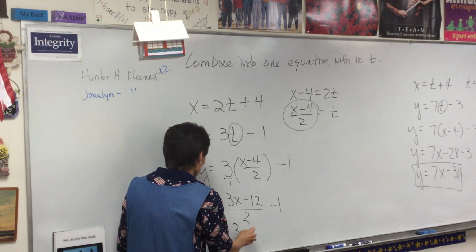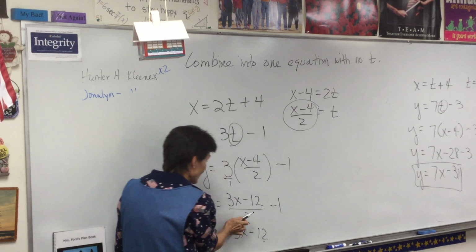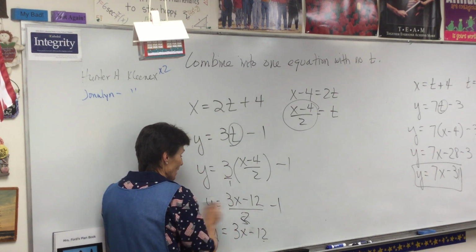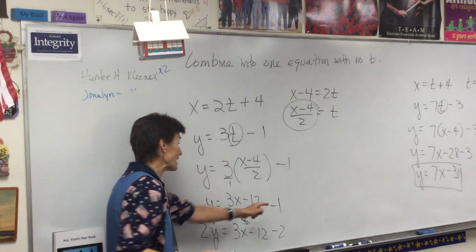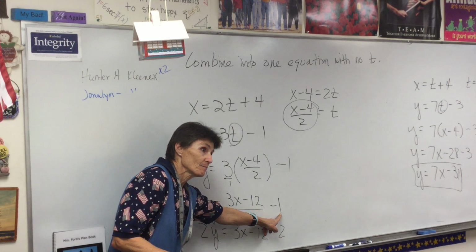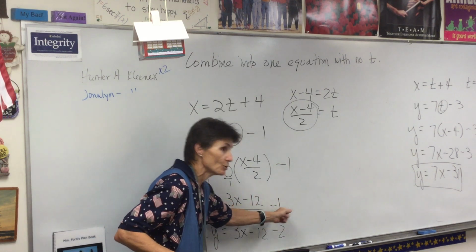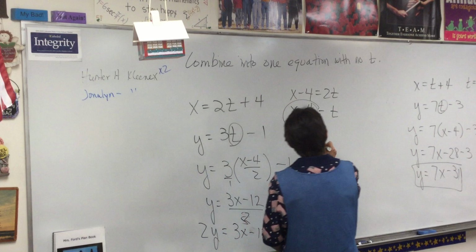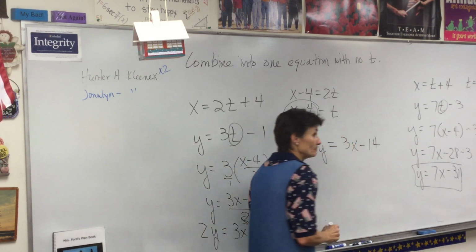This is just going to be 3x minus 12, because when you times it by 2, that cancels. And then minus 2. That's where people are going to make the mistake. When you times by 2, it's 2, 2, 2. So 2y equals 3x minus 14.